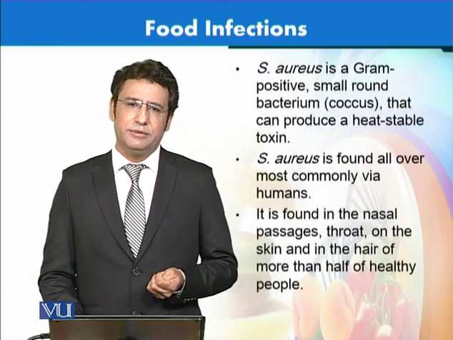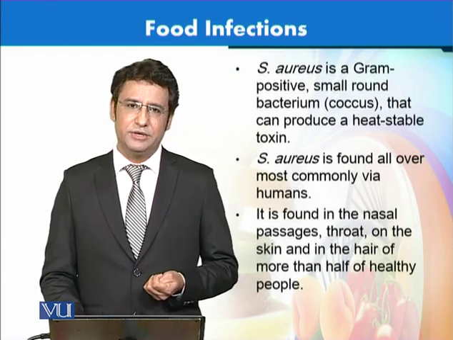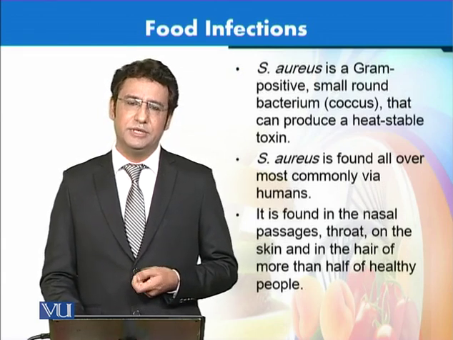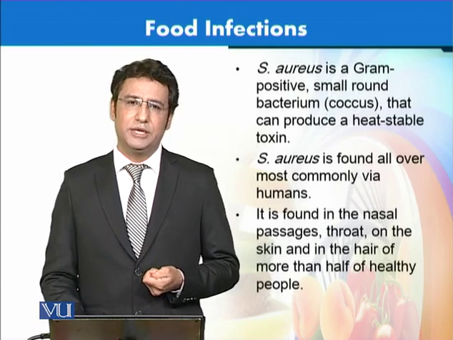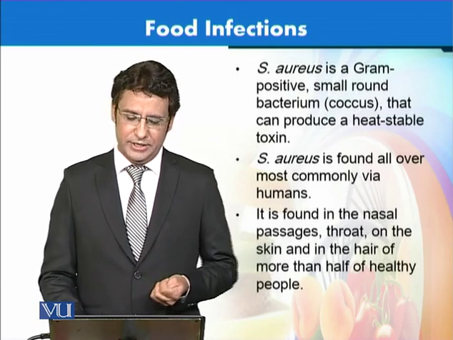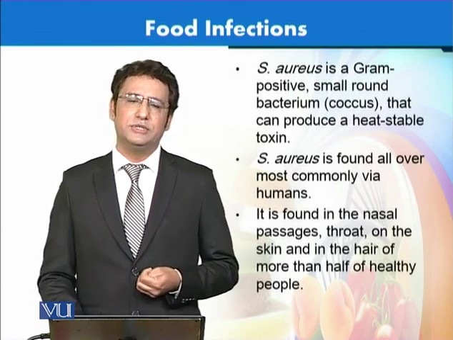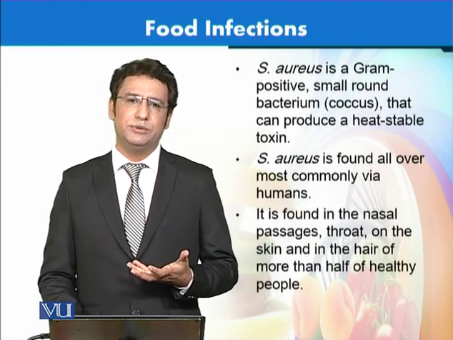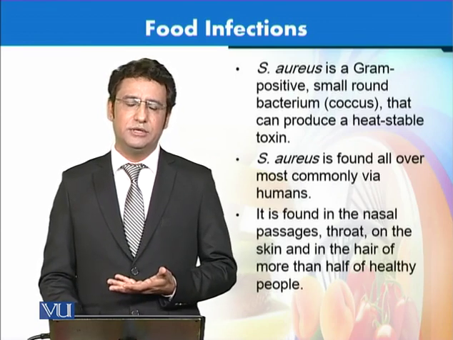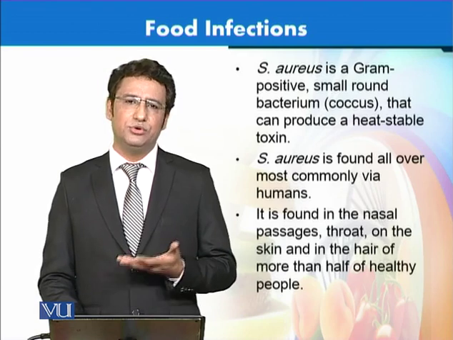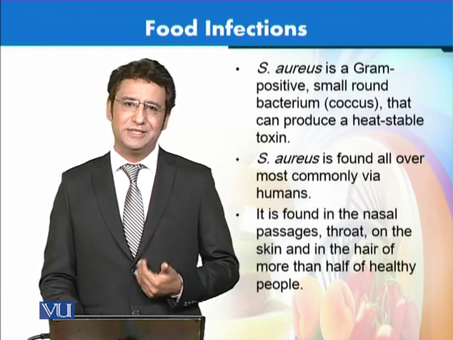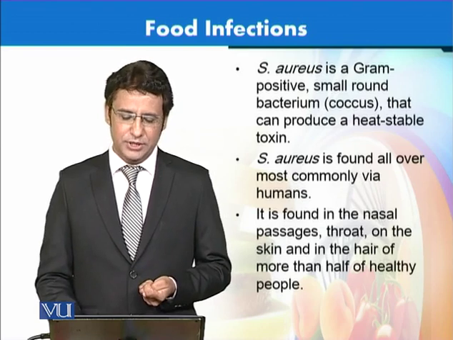Another deadly pathogen is Staph aureus, which is a gram-positive, small round-shaped bacterium. It's cocci basically, and it can produce toxins which are heat stable. So by heat, we cannot destroy these toxins, and these toxins do remain inside our food, and they create serious problems when the food is consumed.